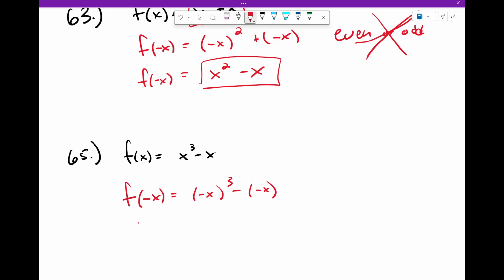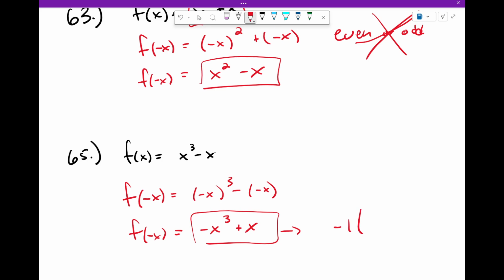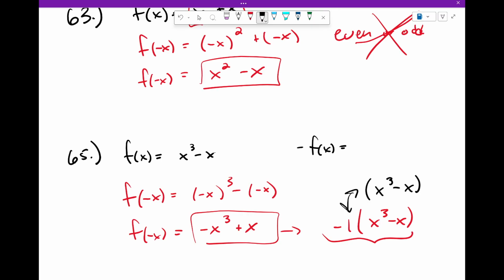So I end up with f of negative x equals negative x to the third plus x. And if you look at what we have here, this is really important because what I can do is factor out a negative 1 to get me right back to where I started if you look directly above. And you see how these are like the exact opposites of each other? This is that f of negative x equals negative f of x. So this is odd, 100% odd.